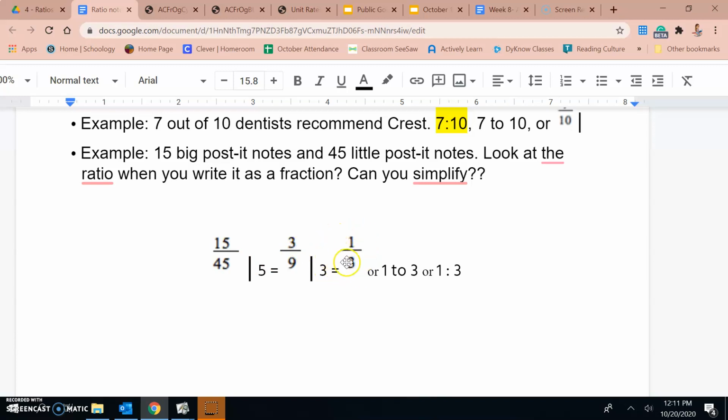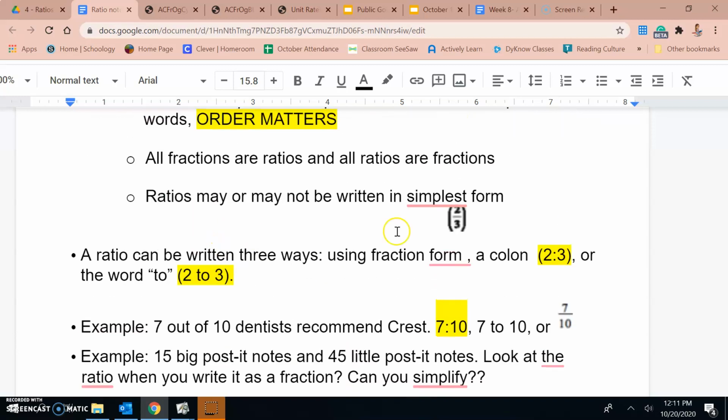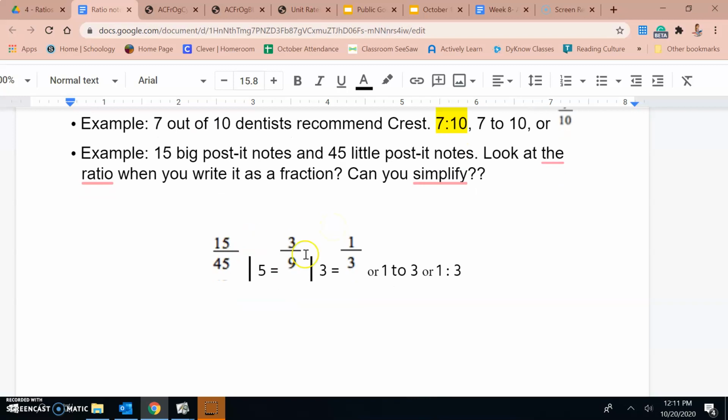So I'm going to take my simplest form, 1/3, and write it as a ratio, 1:3, or 1 to 3. So you see, like I said up here, a ratio may not be written in simplest form, so if that's the case, we have to simplify it before writing it as a ratio.